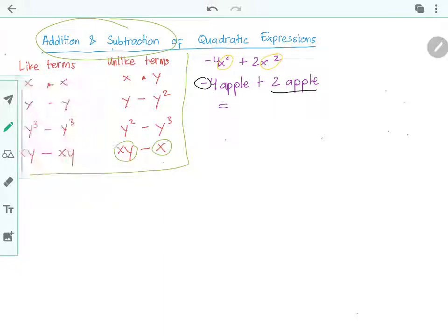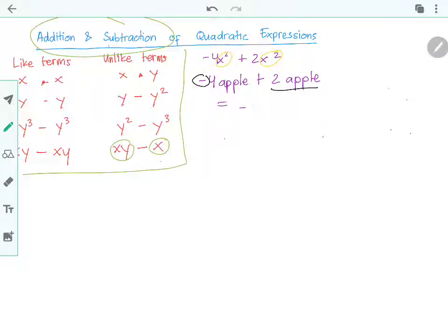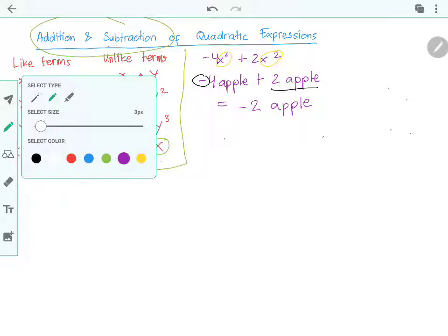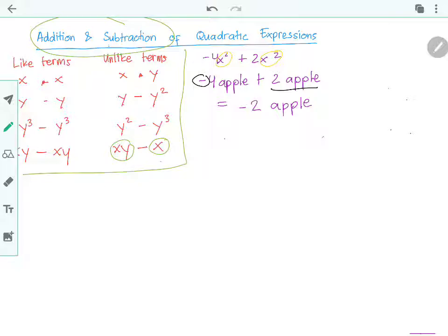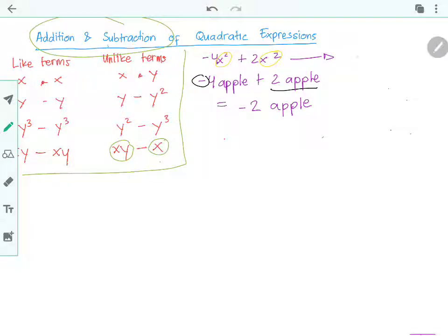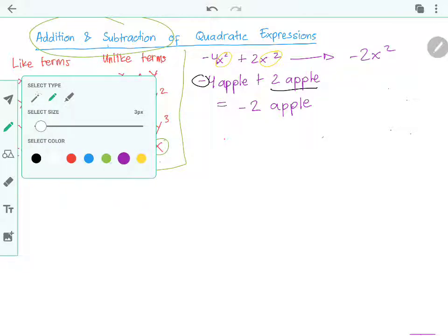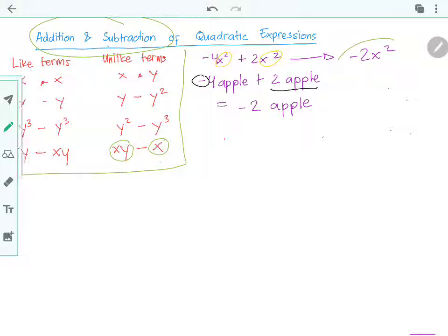I believe we know that we still owe 2 apple. Or in this term, we can say negative 4x squared plus 2x squared is actually equal to negative 2x squared. So this is the final answer.